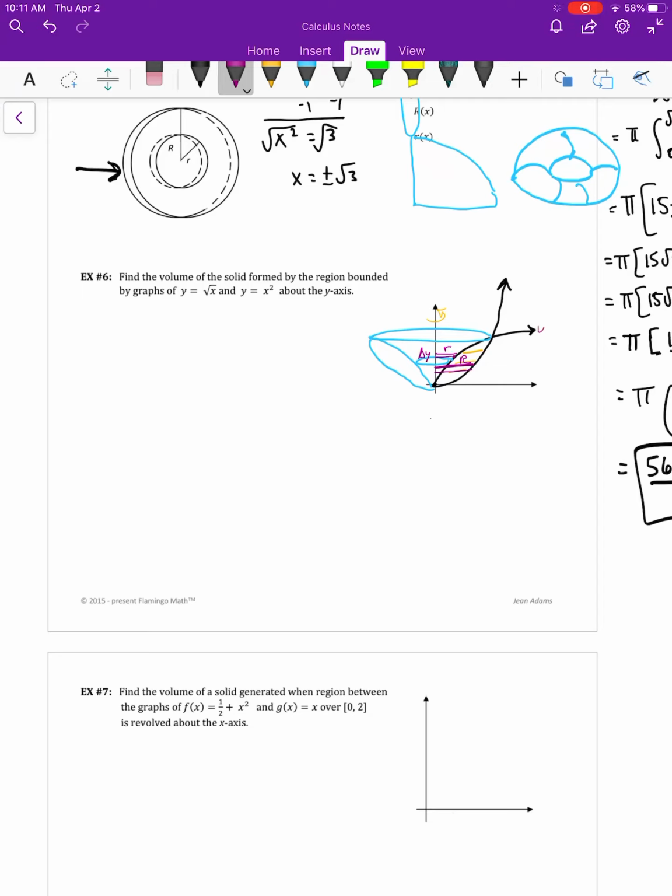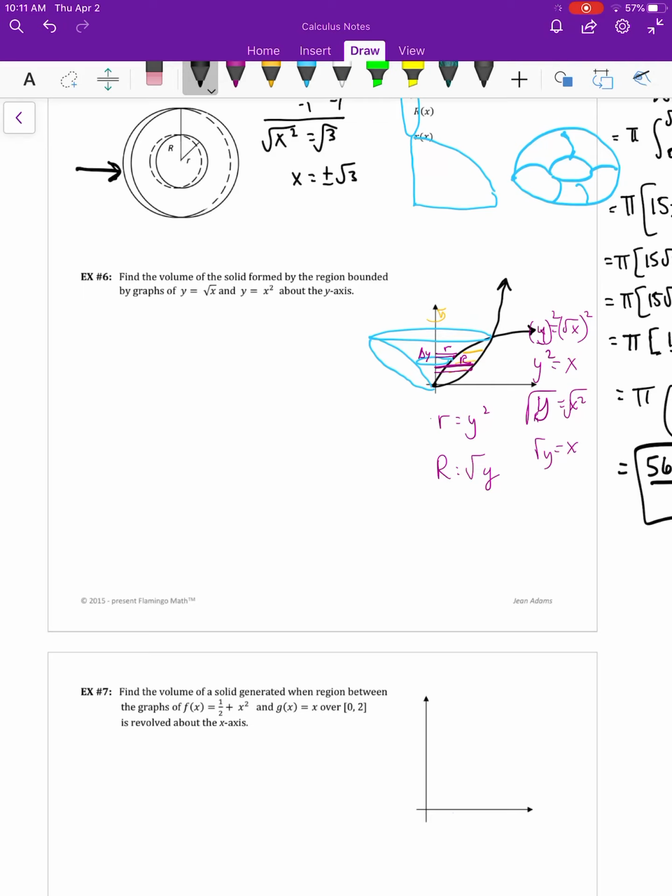This is the x of y equals the square root of x, so I'm going to have to square both sides to solve for x. And so our little r is y squared. This point right here is the x of y equals x squared. And so I'd square root, and x equals the square root of y, so our big R is the square root of y.